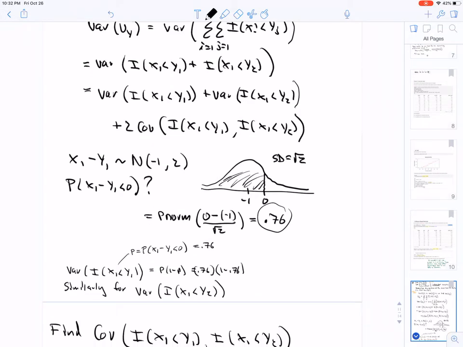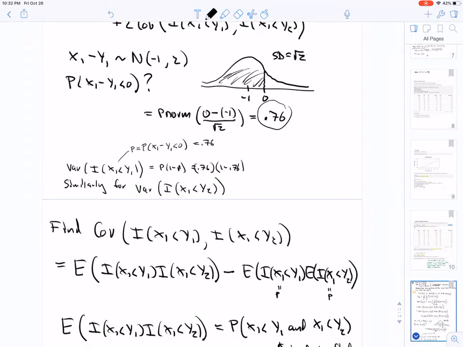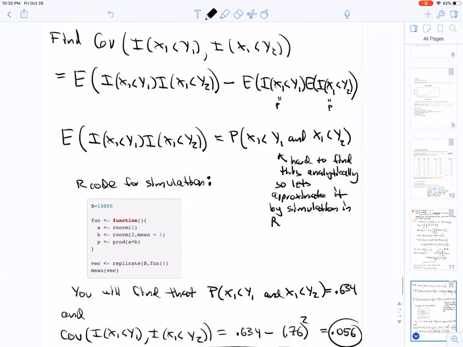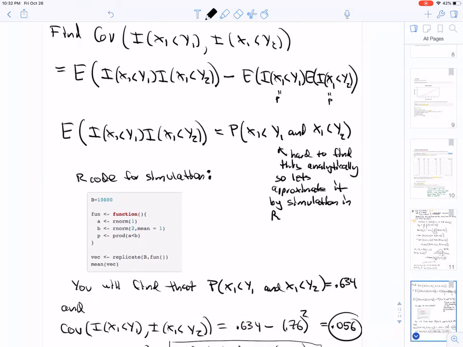So there's a covariance term you need to compute, and so we go ahead and find that covariance term, but we see that along the way we need to figure out what the probability is that x1 is less than y1 and x1 is less than y2.